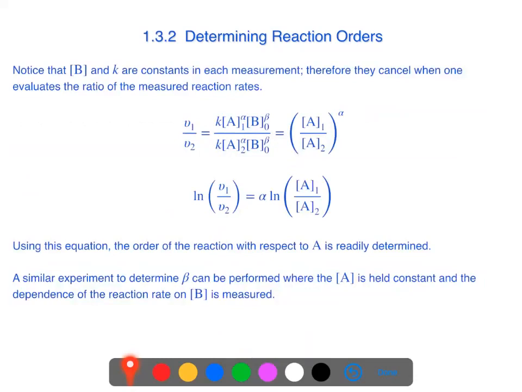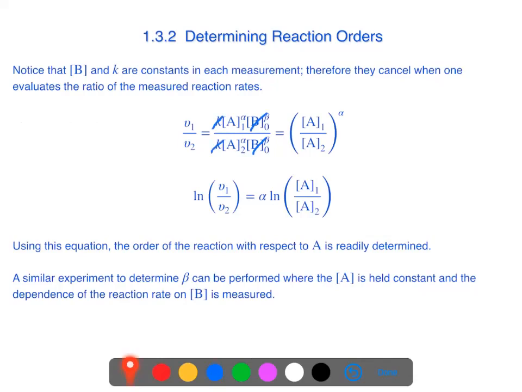So notice in this expression that the concentration of B and the rate constant K are constants in each measurement. Therefore, they cancel when one evaluates the ratio of the measured reaction rates. So in this expression, these two terms will cancel, as well as these two terms.